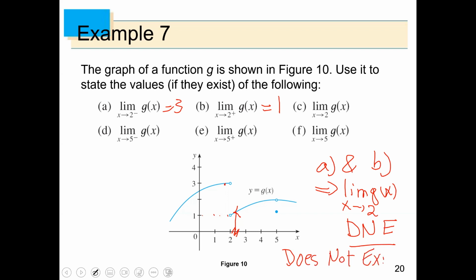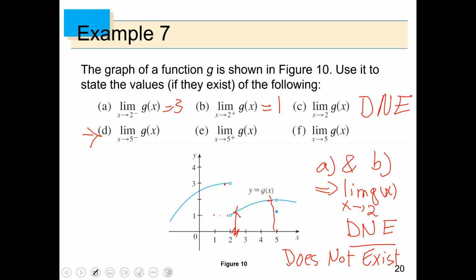Okay, good. Now going to question C, the limit of g of x when x is approaching 2, already done in my remark here, so this does not exist. The limit of g of x when x is approaching 5 minus, that means I am close to 5 but on the left of 5.